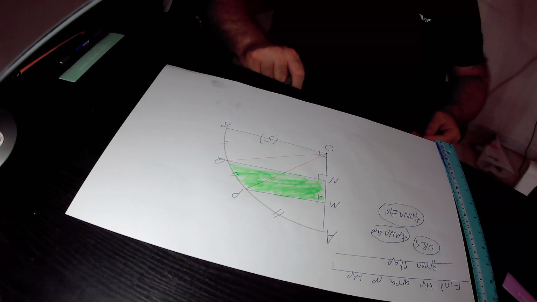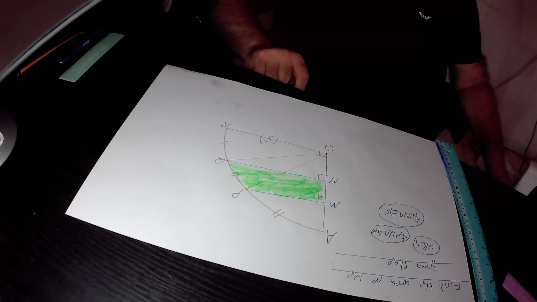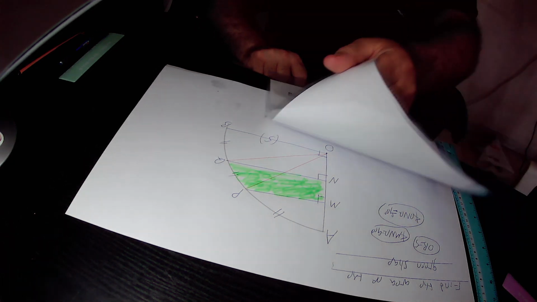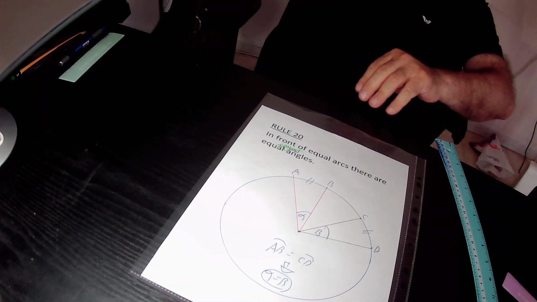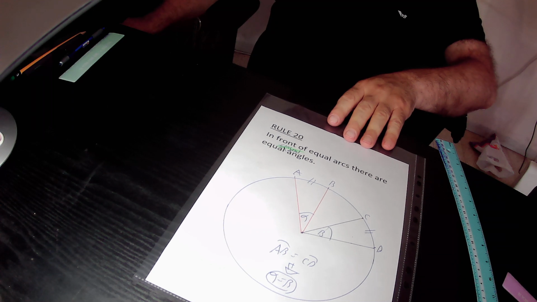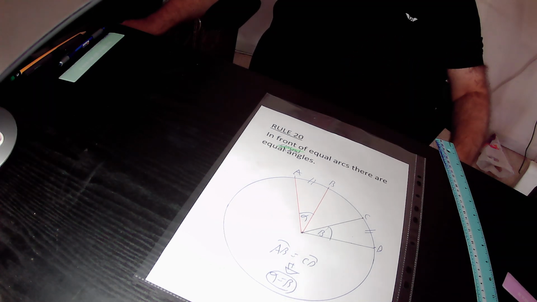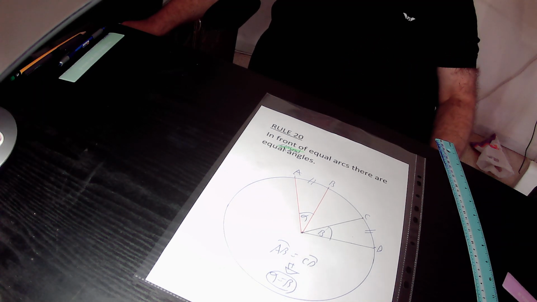Here we can implement rule 20. According to rule 20, in front of equal arcs there are equal central angles.